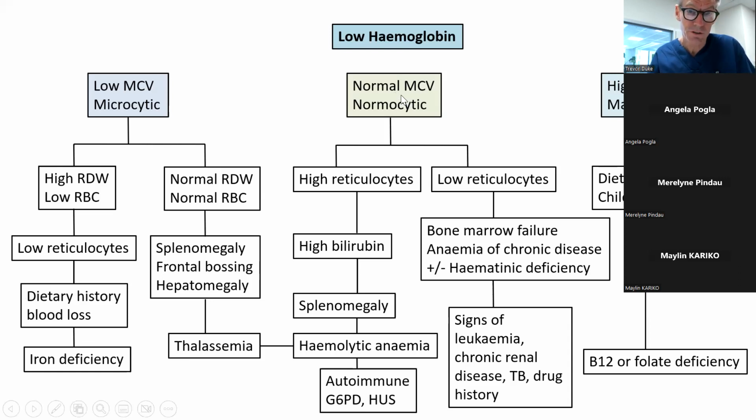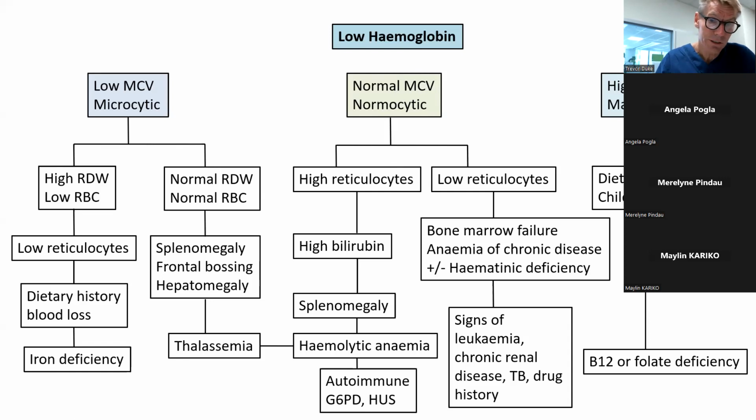If you've got a patient who's got a normal MCV, then they've got normocytic anemia if their hemoglobin's low. And these patients also fall into two categories. You can ask the laboratory to measure reticulocytes and see if it's high or low.